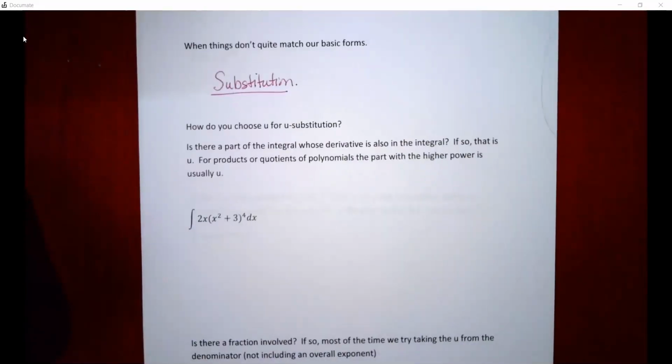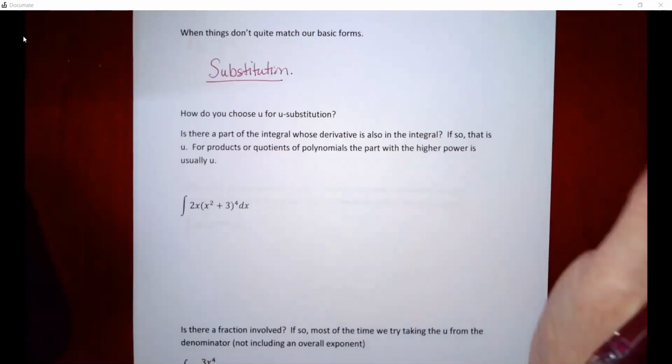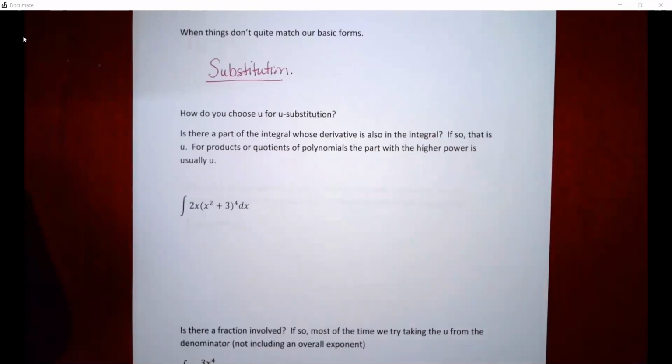Okay, so this is one of the many reasons that it's so important for you to know those basic integral forms, because if you have something that kind of almost matches but doesn't quite, you have to know what you're trying to match it with before you know if you've got it.